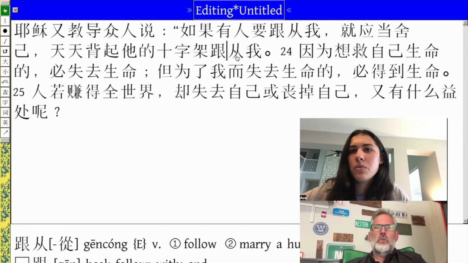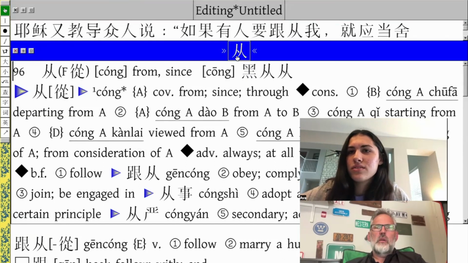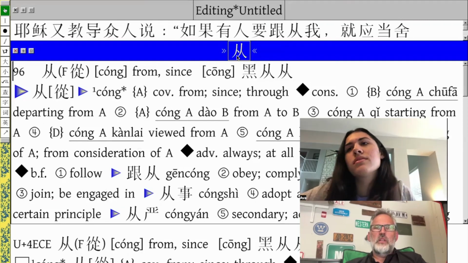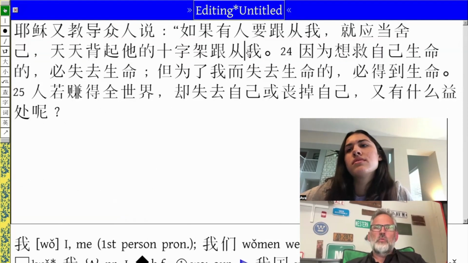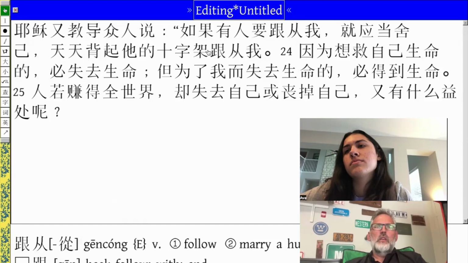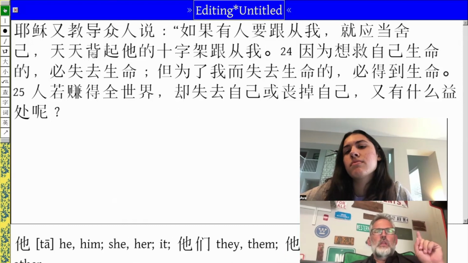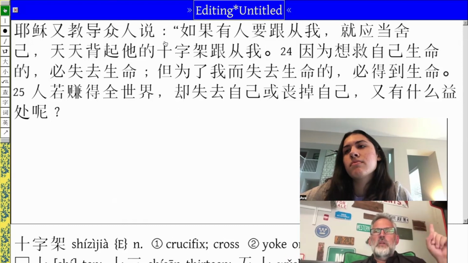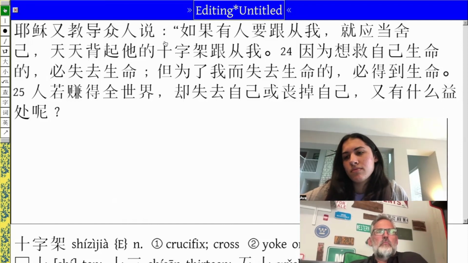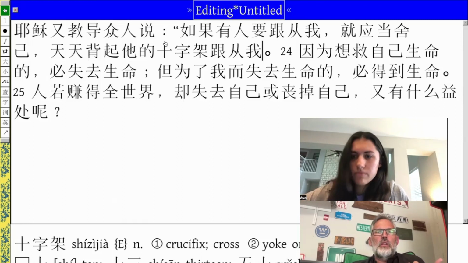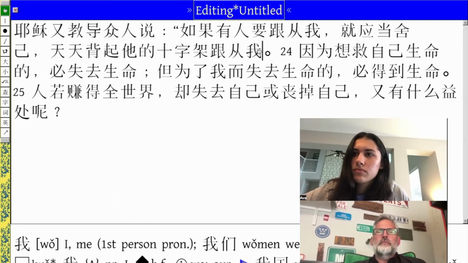跟 is, with 从, we've already seen that, so that's number 96, a top 100 used character. And then of course 我 is going to be top 10. So if anybody wants to follow me, he must deny himself and every day put on his back his cross and follow me.